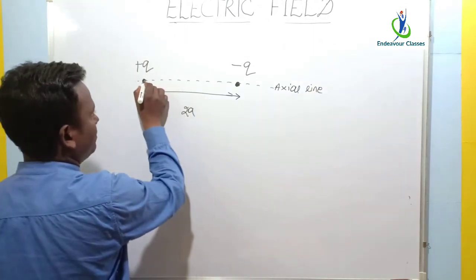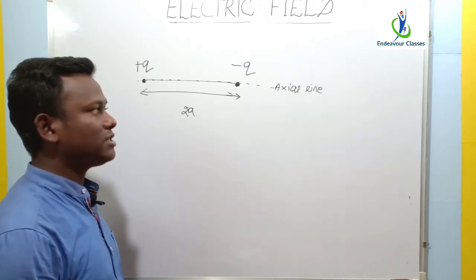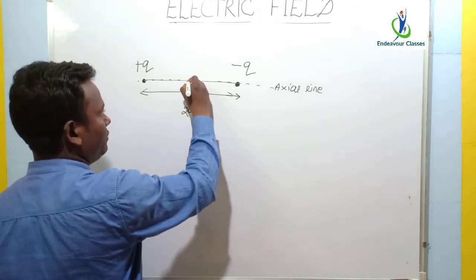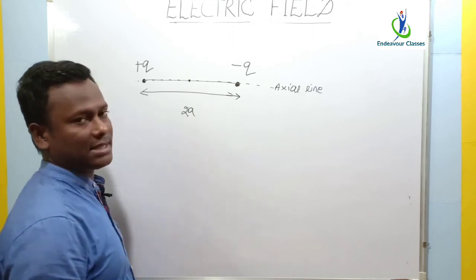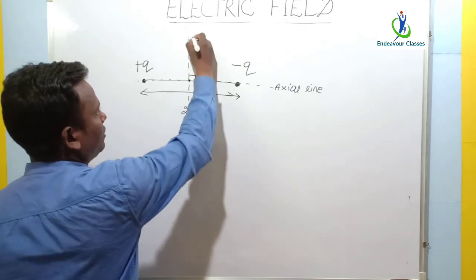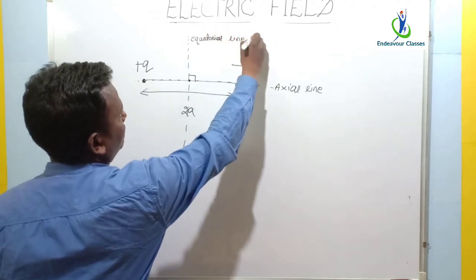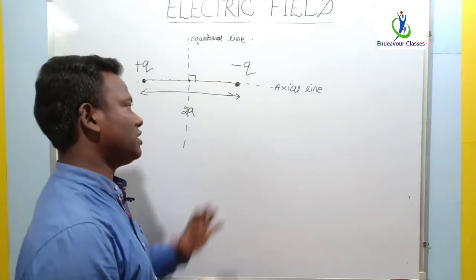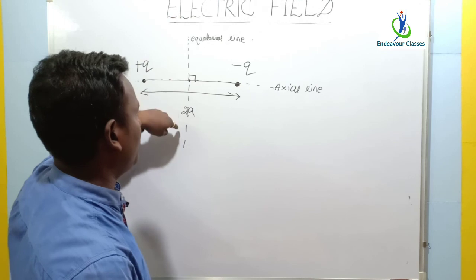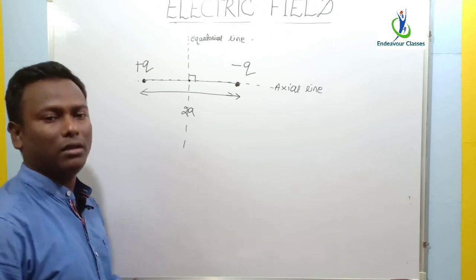So this straight line joining the two opposite charges of the electric dipole is called the axial line. And the line which passes through the midpoint of this axial line and is perpendicular to it is called the equatorial line.